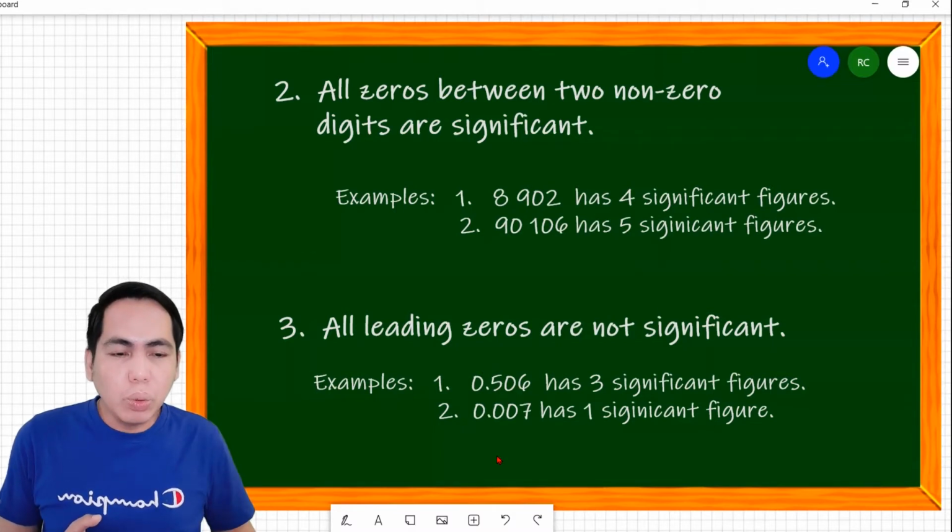Example number 2, 7,000 has 1 significant figure. All the zeros before the digit 7 are not significant because they are leading zeros or the zeros before the non-zero digit. So in other words, it is only the digit 7 that is significant in this number.